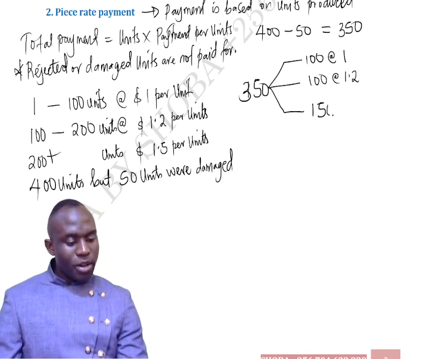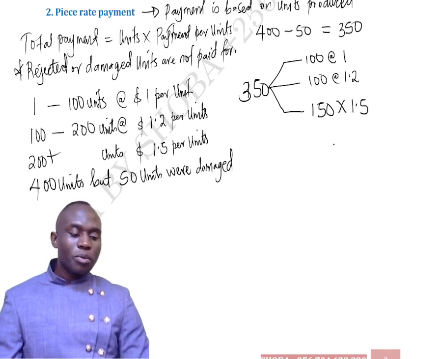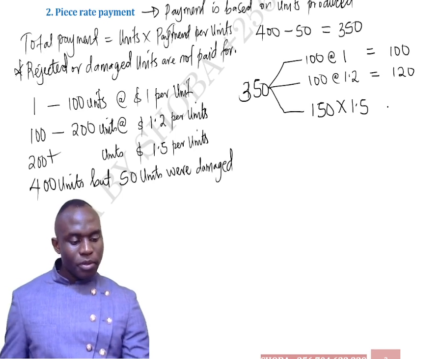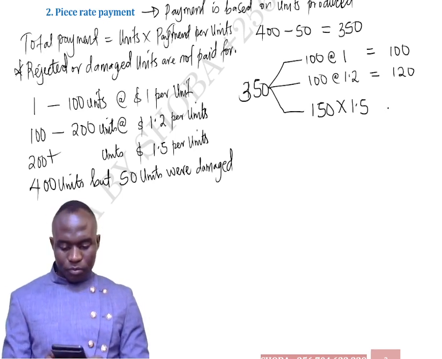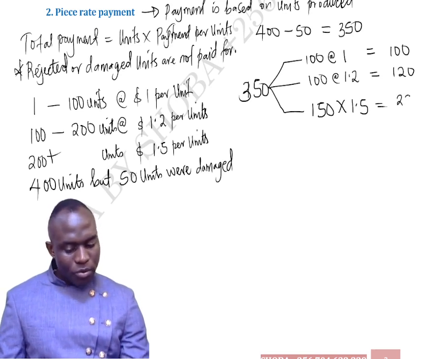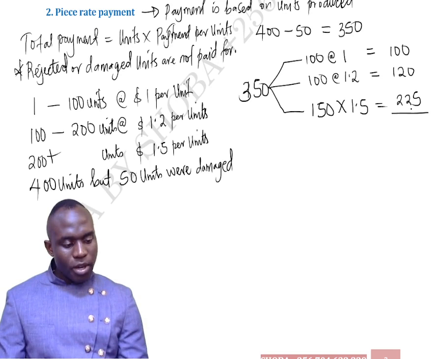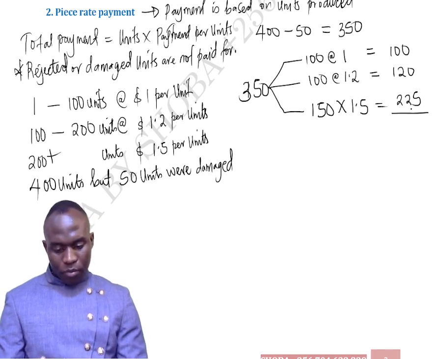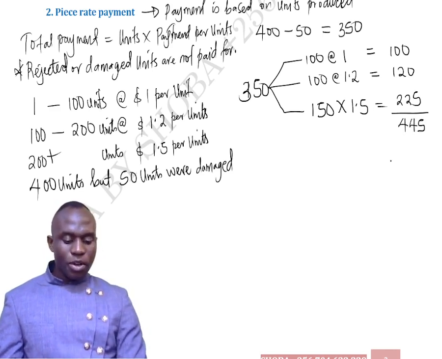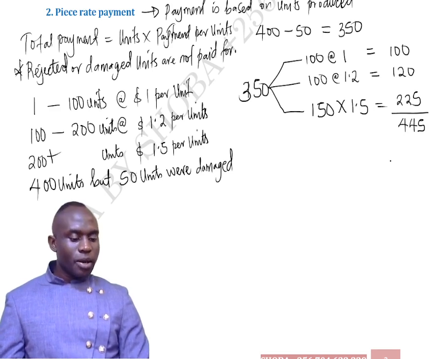For the 150 units, the payment is 1.5. So what would be the total payment? It is going to be 100 plus 120, then plus 225. So meaning that total is going to be 445 if someone produces 400 units, 50 units being damaged.